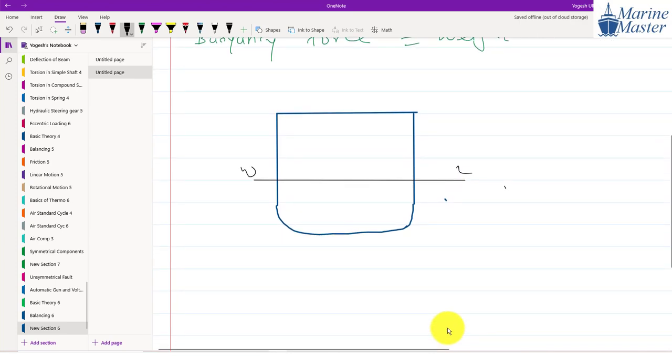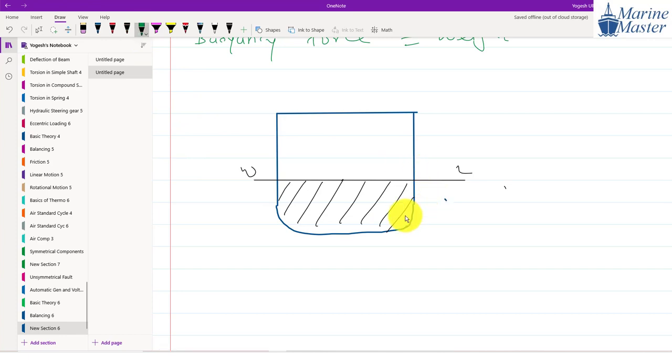So now if you observe here, guys, what does this area denote? Water displaced. No, this is not the area of the water plane, guys. This is water displaced.